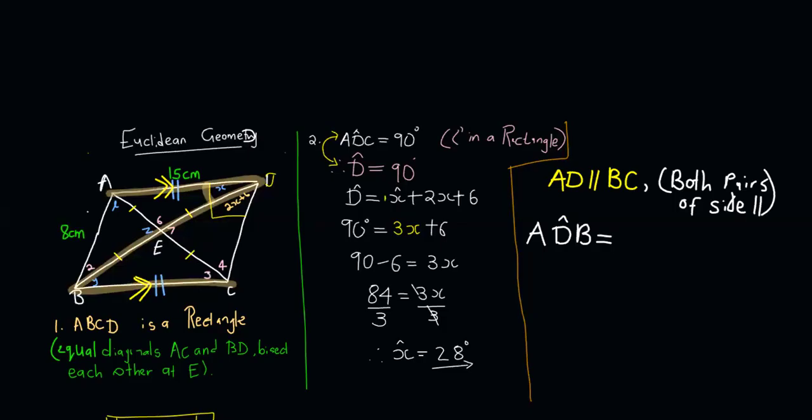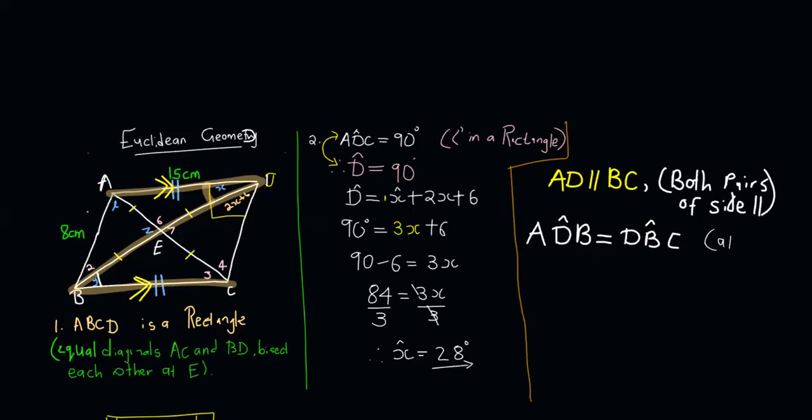Those are alternate angles, taking it from what you have learned. So you'll just say alternate angles are equal. Because you now know those are going to be parallel lines.